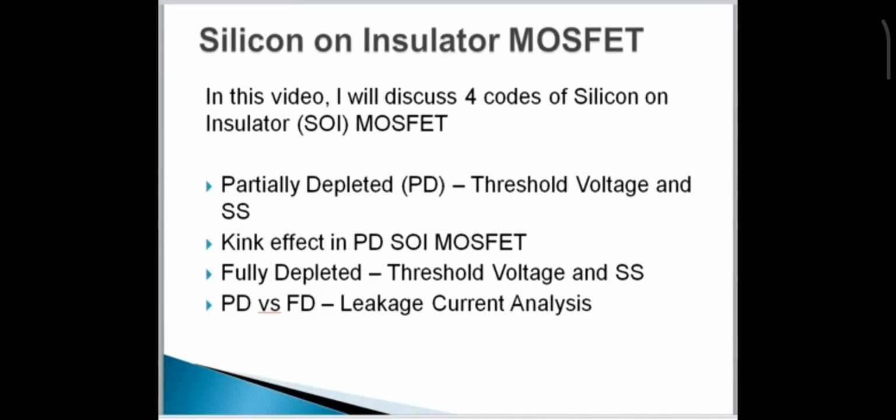First code is based upon partially depleted threshold voltage and subthreshold slope analysis. Second code is kink effect in partially depleted SOI MOSFET. Third code is fully depleted threshold voltage and subthreshold slope analysis. And the last code is partially depleted versus fully depleted leakage current analysis.